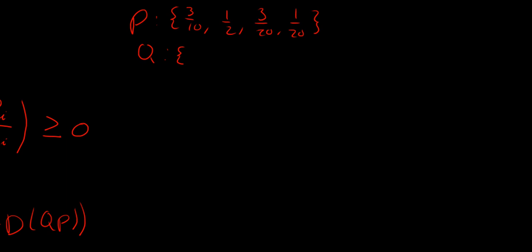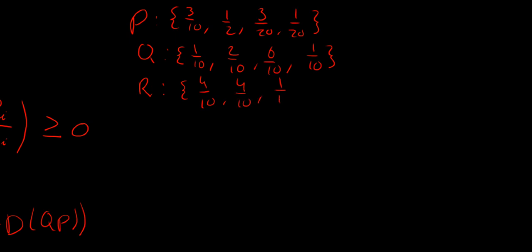Let's say P is actually our distribution, which is true, and Q is a distribution which someone else measured of 1/10, 2/10, 6/10, and 1/10. And a third person, also had a distribution R with 4/10, 4/10, 1/10, 1/10.